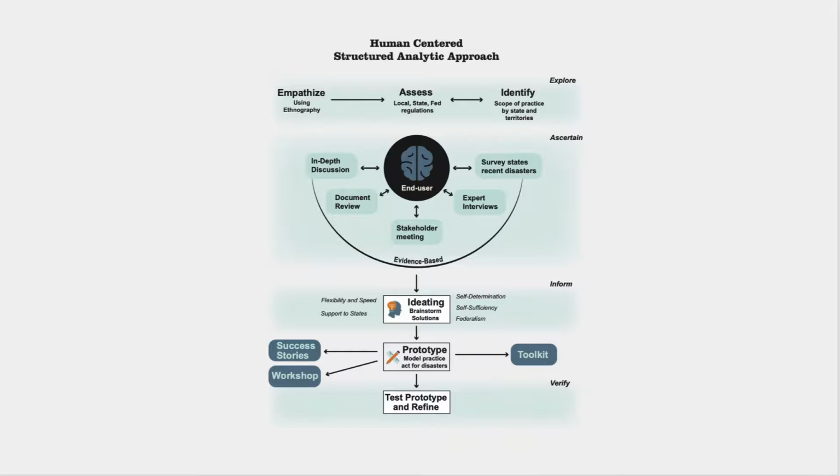The second phase was to ascertain. And you can see the different areas of this we worked through. And all of these areas of discussions and document reviews and surveys and expert interviews formed our evidence base to come to our brainstorming session.